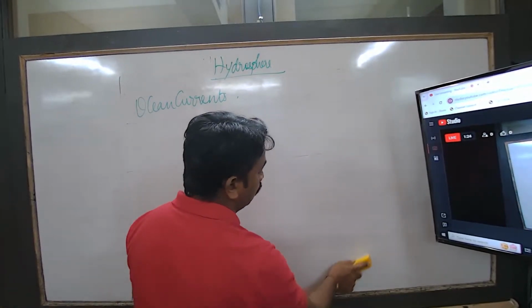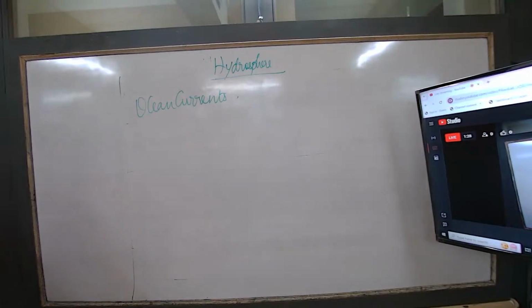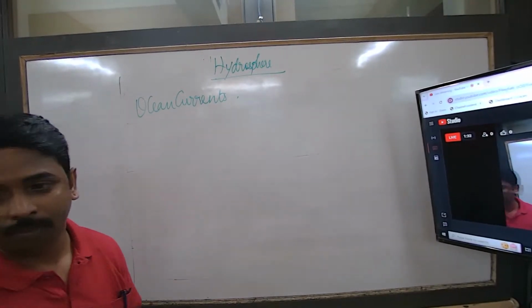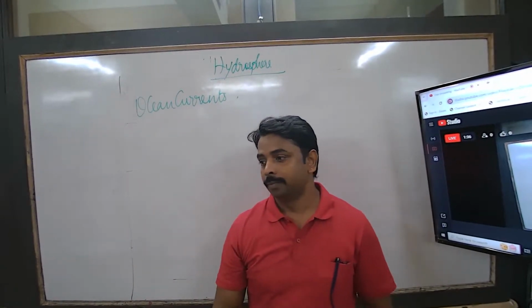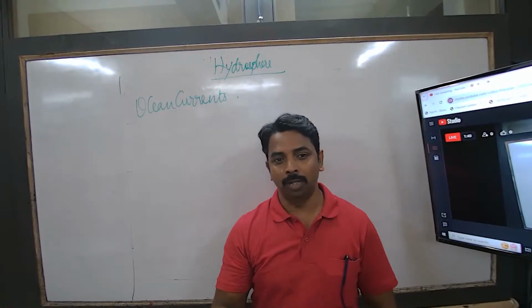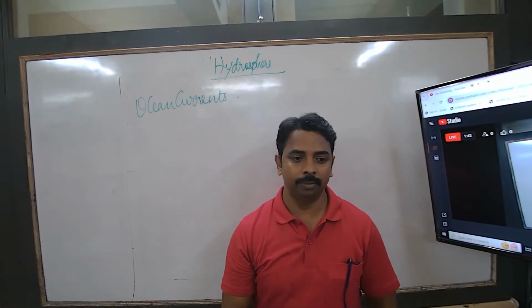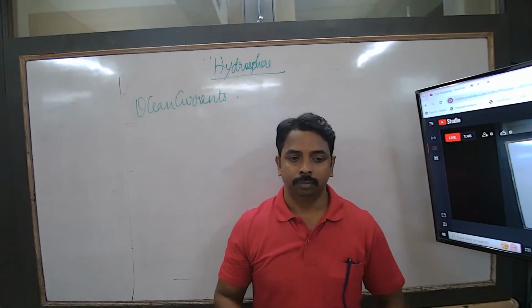Check it. What are tides then? Waves are oscillatory movements of the water due to the gravitational force, whereas tides are the rise and fall of sea water due to gravitational force. And waves are oscillatory movements of water created by alternate rise and fall of sea water.